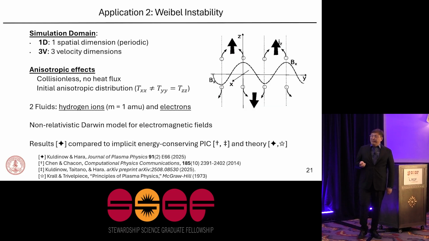So this is another test case to demonstrate the ability of the 10-moment model to capture the Weibel instability. Now, traditional so-called 5-moment equilibrium fluid models would not be able to capture the Weibel instability at all.